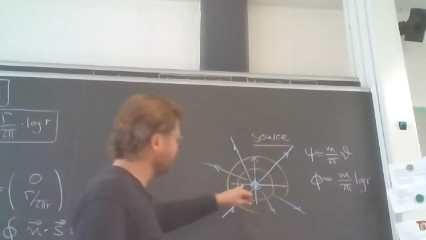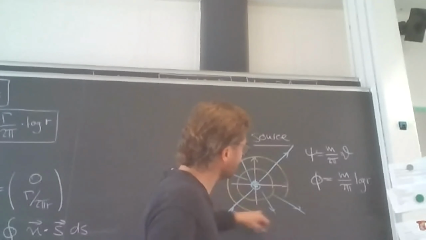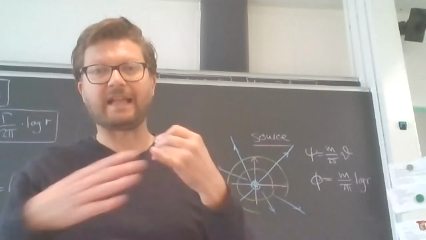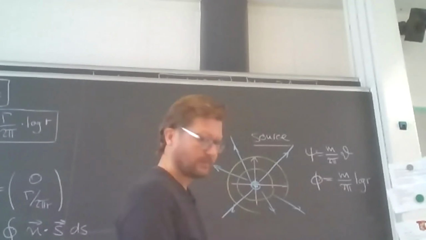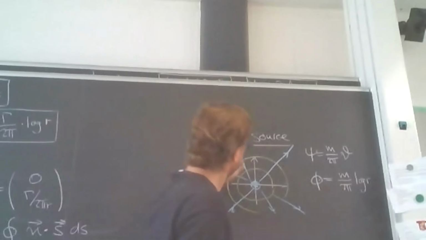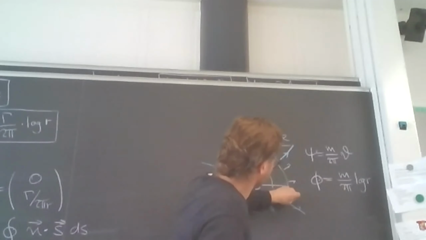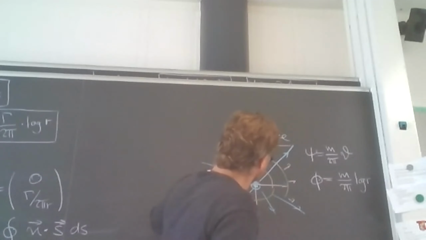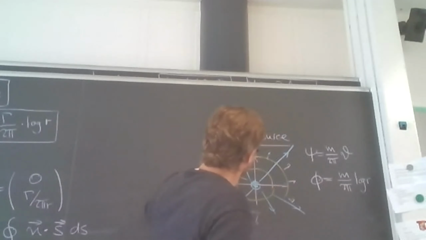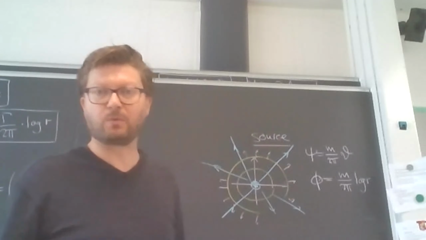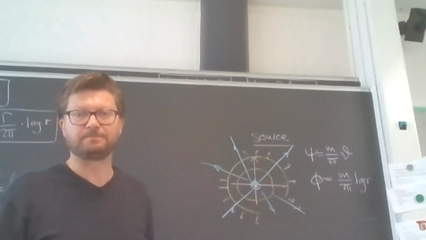And you can actually, again, do an integral along one of these circles and add up all the radial velocities going across one of these yellow lines, one of the equipotential lines.